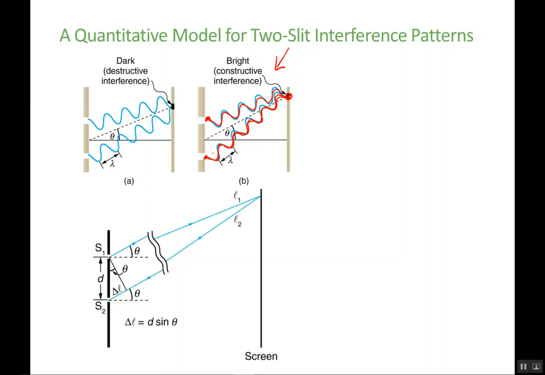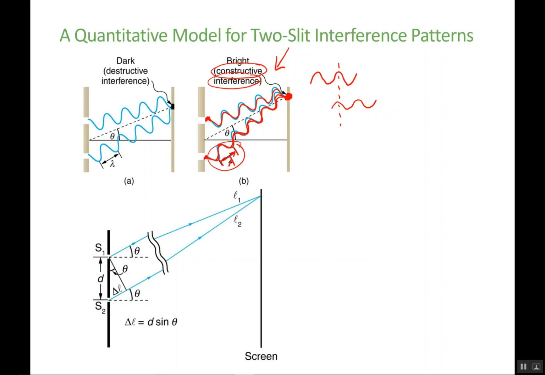But it turns out in this particular example, the path length difference is exactly one wavelength, lambda. So if you have one wave and you shift it one wavelength relative to another wave, you will still have a situation where peaks are going to line up with peaks and valleys line up with valleys. So when the waves arrive at this spot on the screen, they're going to result in constructive interference because the path length difference is exactly one wavelength.